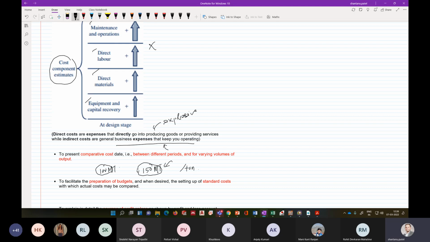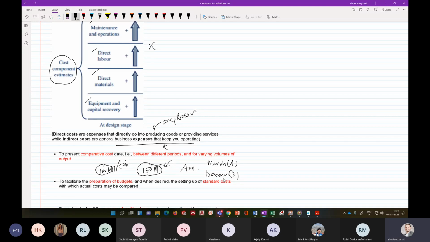So just to compare those kinds of things, right? Or maybe at different periods. In the month of March, let's say the cost per ton was A, and in December it was B. To compare those things, you need this cost accounting.